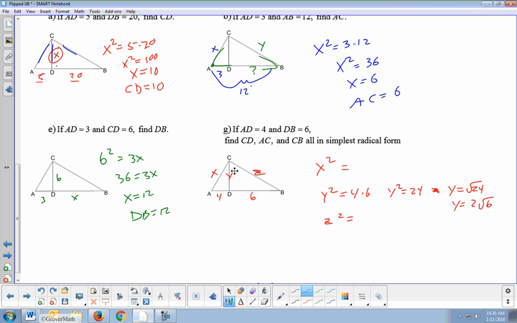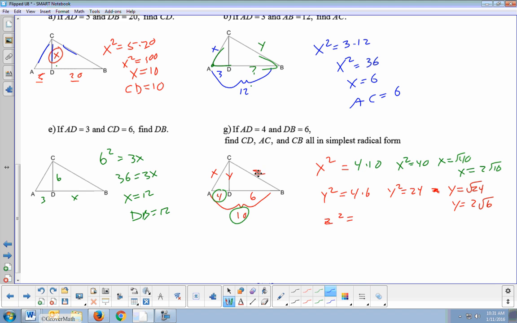All right, so then x and z are the leg ones. They involve the part attached and the whole thing. So I'm going to need the whole thing here, which is 10, the sum of the parts. So x squared is the piece attached to it and the whole thing. So that's 4 times 10, 40. X squared equals 40, x equals rad 40, x equals 2 rad 10.